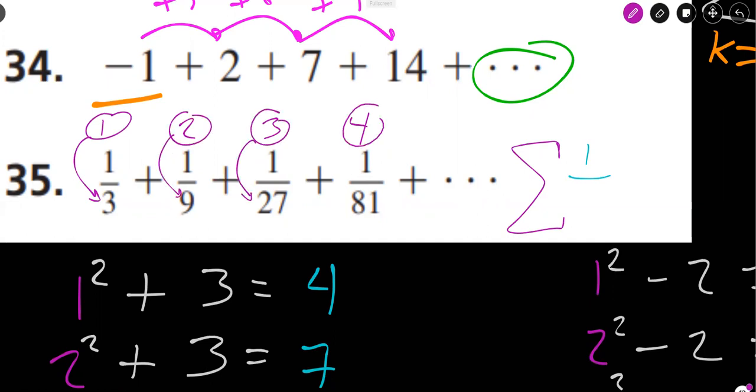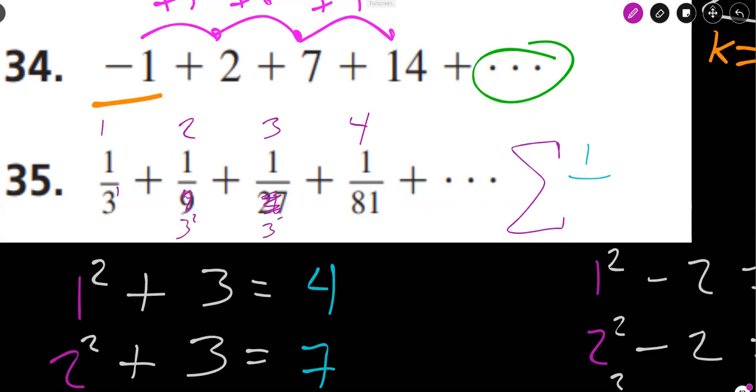Well, if you notice these numbers, 3, 9, 27, 81, those are all just multiples of 3. So this is 3 to the first power. This is 3 to the second power. This is 3 to the third power. And this is 3 to the fourth power. So all I'm going to have for my rule then is my position number is going to be my exponent.